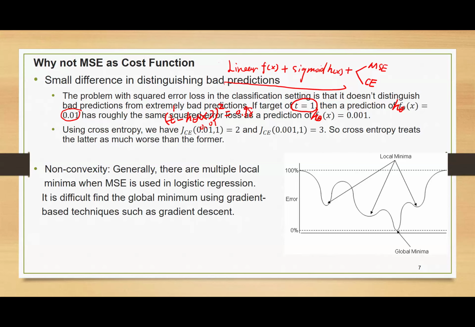And then if we calculate the loss when the output is 0.001, the loss is still using this formula here, okay?